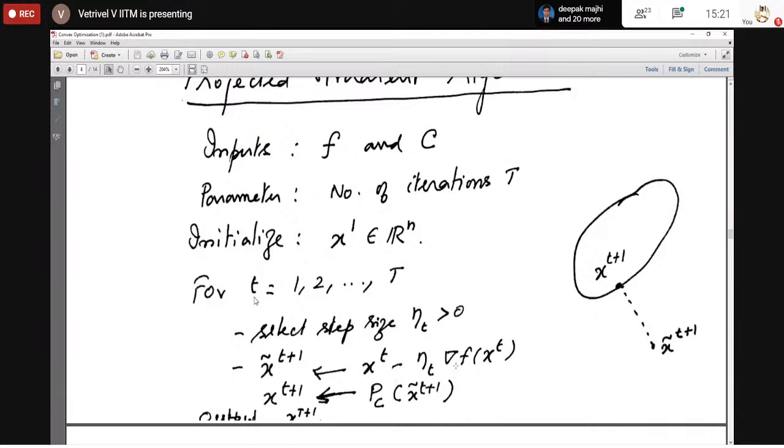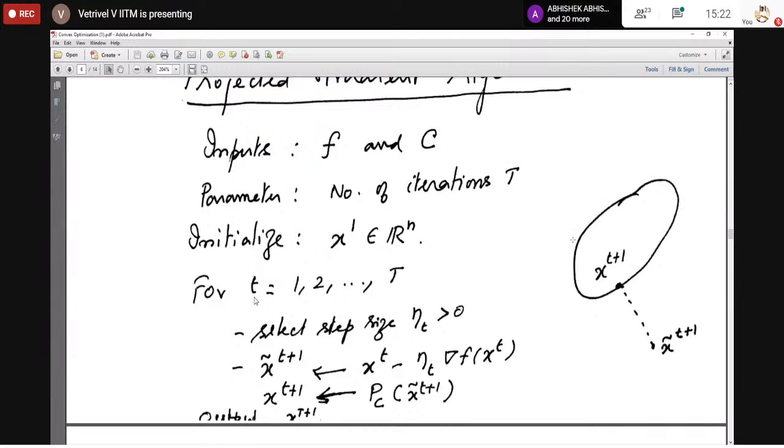I proceed along the negative gradient direction, because negative gradient direction is the direction of maximal decrease. But this x tilde T plus 1 can go outside C, because our solution has to be inside the feasible region C. It should not go outside C.